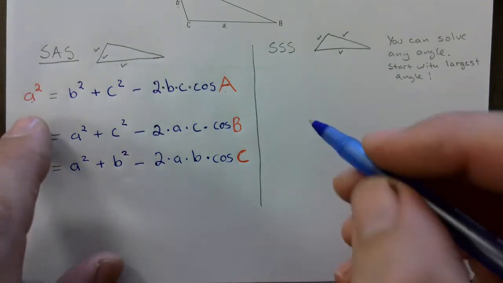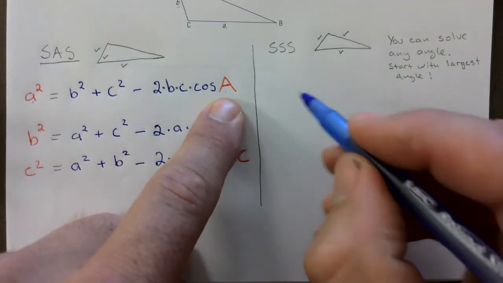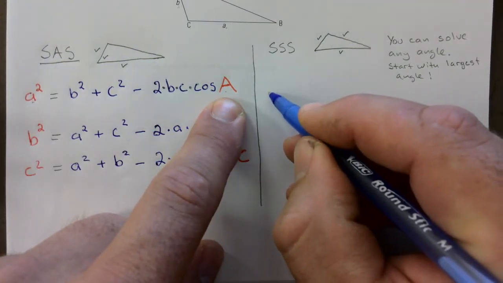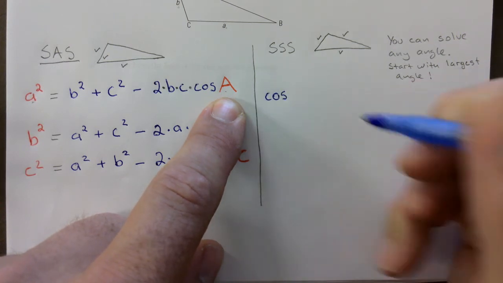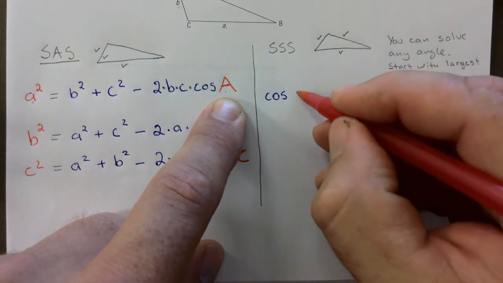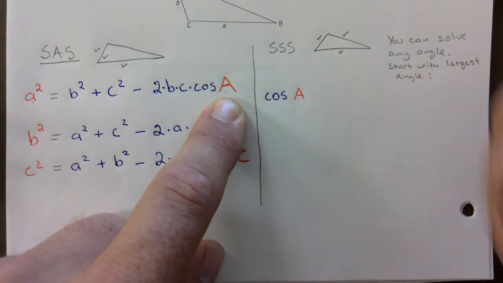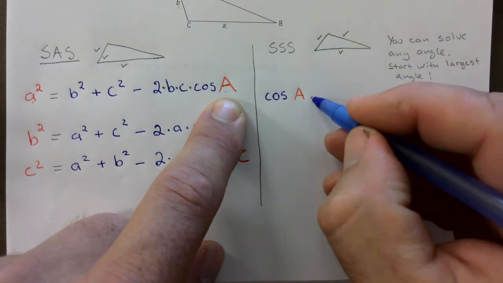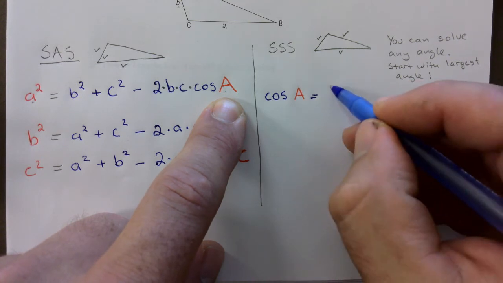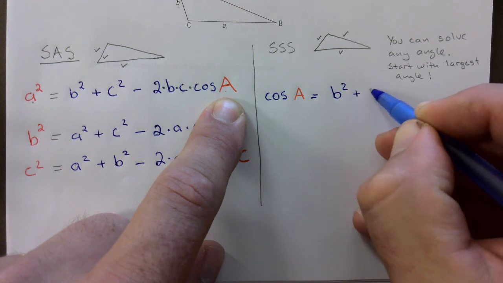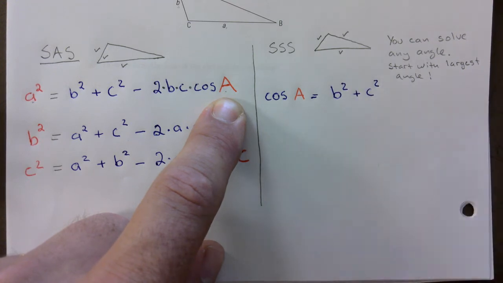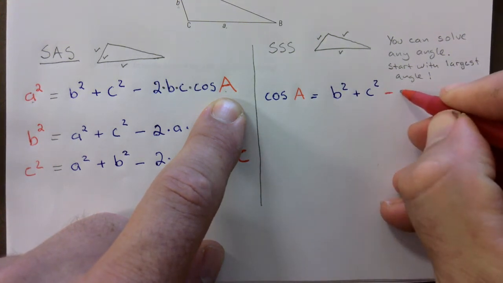So if you wanted to solve for angle A, I'm using blue to start off, but as long as you use different colors. Cosine of angle A is going to be equal to b squared plus c squared, and watch this, it's very important, switch colors now, minus a squared.